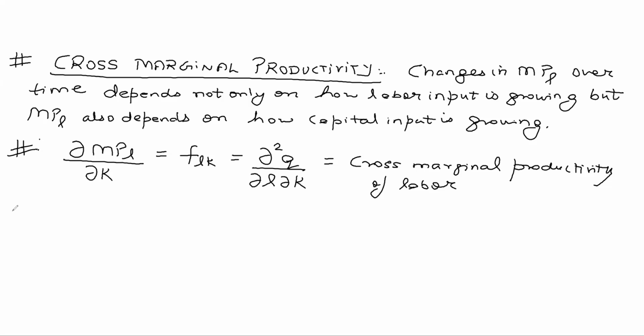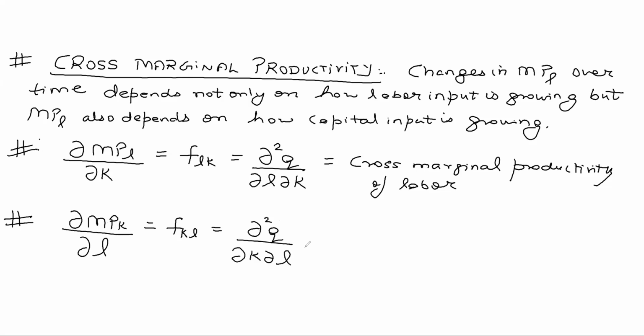Okay, and similarly del MPK by del L, which we call as FKL, which is del square Q upon del K del L, is the cross marginal productivity of capital.